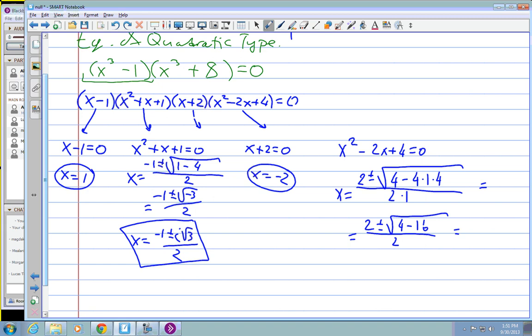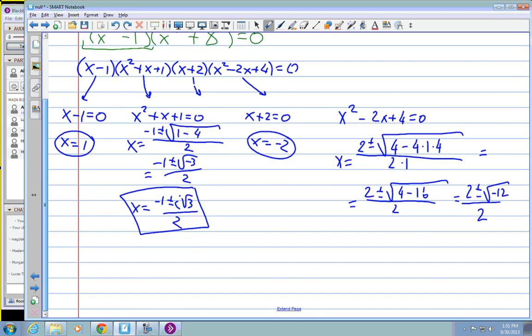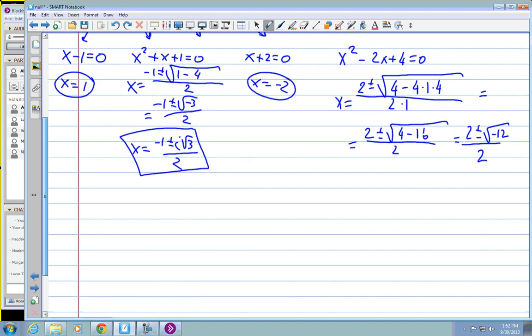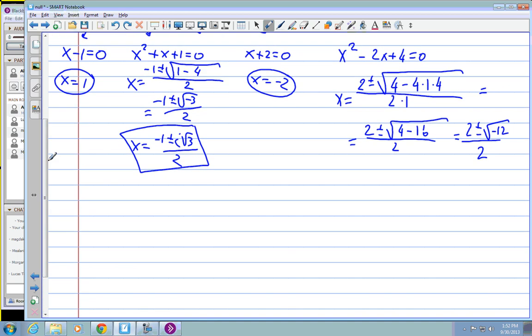And 4 minus 16 is what? Right, so 2 plus or minus square root of negative 12 over 2. Let me scroll it up a little. Well, not yet. I need to do some extra simplification. But eventually it will, but I have to be really careful. So how can I deal with the square root of 12? How do we take square root of 12?